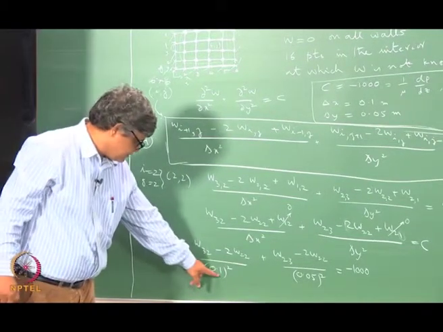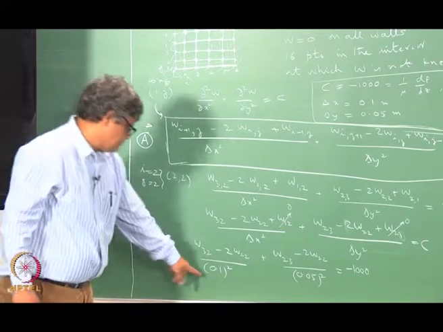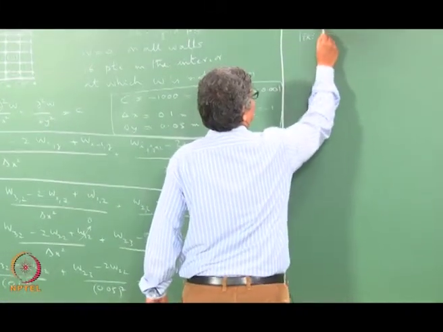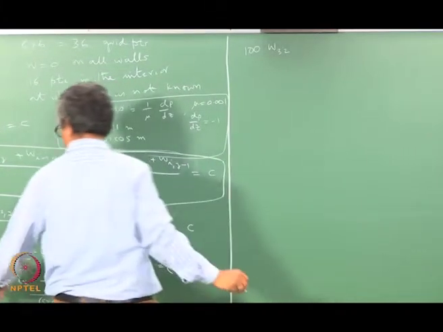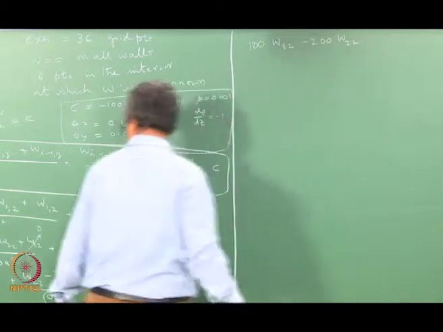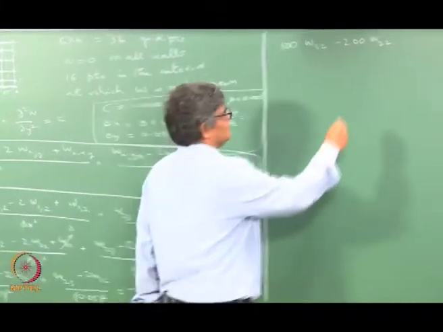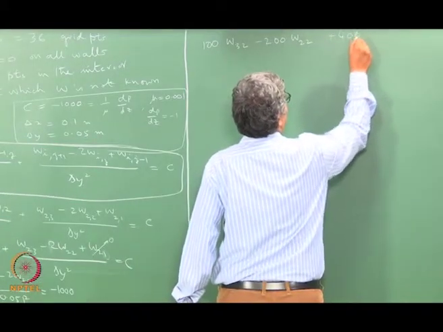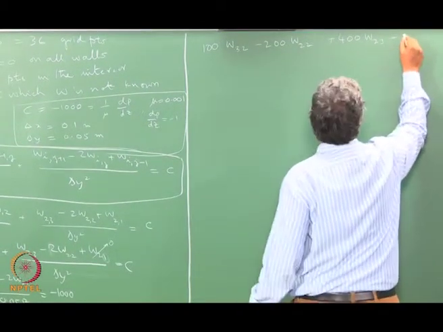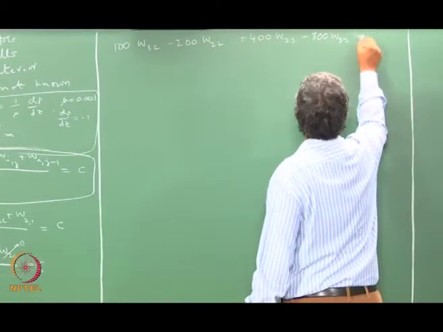Okay. So, this 0.1 whole square is 0.01. So, this is 100. So, this becomes 100 W32 minus 200 W22. This is 400, so this is plus 400 W23 minus 800 W22 is equal to minus 1000.